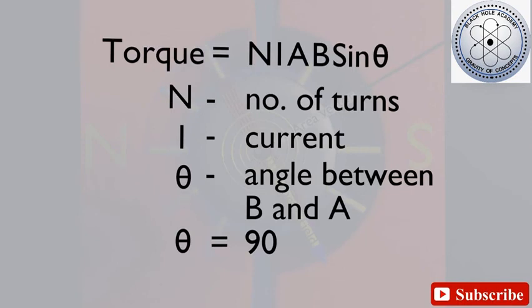This makes the deflection directly proportional to the current. Because N, A and B were already constant and now theta also becomes constant, current I is the only variable, which makes it easy to calibrate the instrument for measuring purposes.